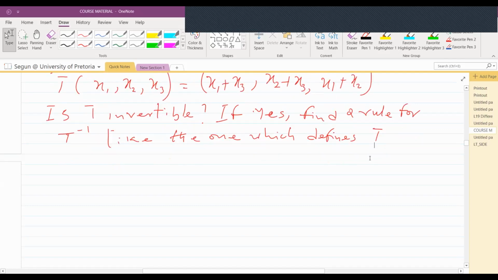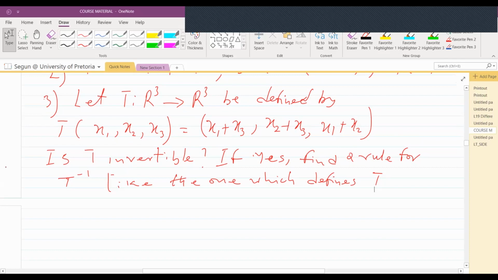So the first thing we need to do here in this case is to prove, and while you are trying to prove, don't forget, we are still on linear transformation. T is a linear transformation. You have to establish that. Then how do we establish that it is invertible? The definition is in your course material.